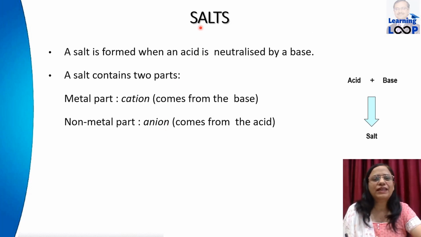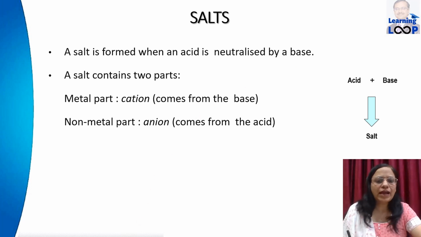So first of all, let us understand what is a salt. We have already studied about neutralization reaction in chapter number 1 as well as in the current chapter. A salt is formed whenever an acid and a base undergo a neutralization reaction.